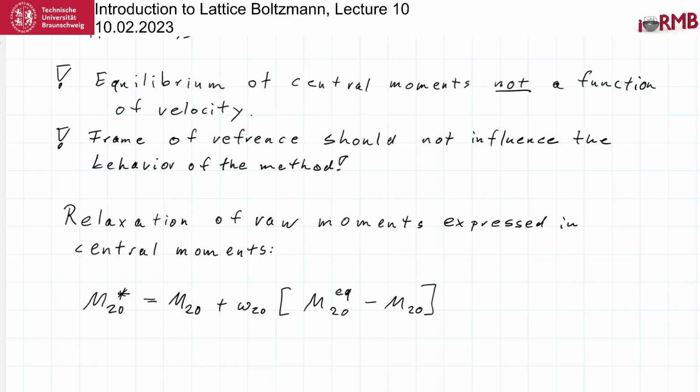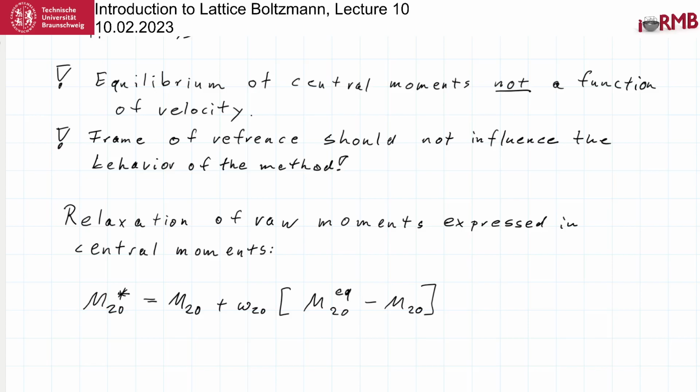So this is our standard collision operator, and now the question is the following. If the laws of nature are fulfilled, this equation should be the same when I apply it to the central moments and to the raw moments. Otherwise, the method is not correct. And this is what we do in MRT. This is just the reminder.